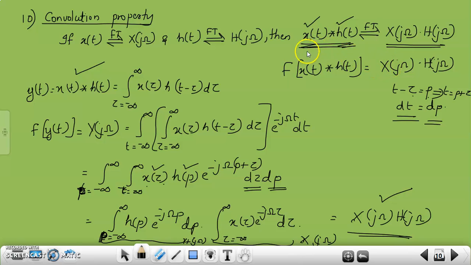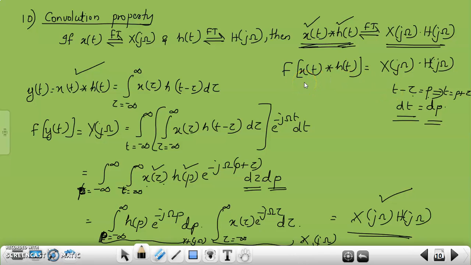You know how difficult it is to find convolution in time domain. You need a graphical approach or an equation-wise approach. It is a tedious process, but if you find the Fourier transform of x of t and of h of t, simply take the product in frequency domain, and then take the inverse using the inverse equation, you will get the time domain convolution.